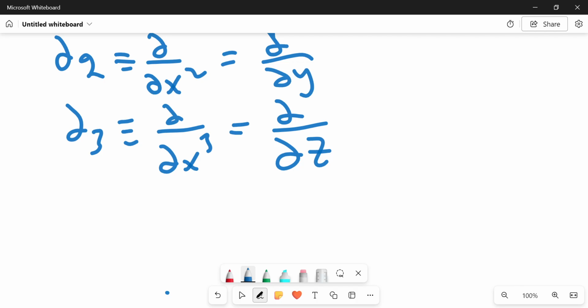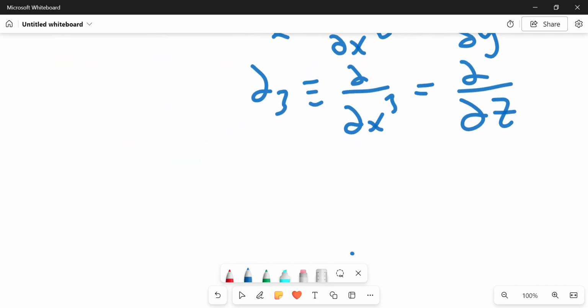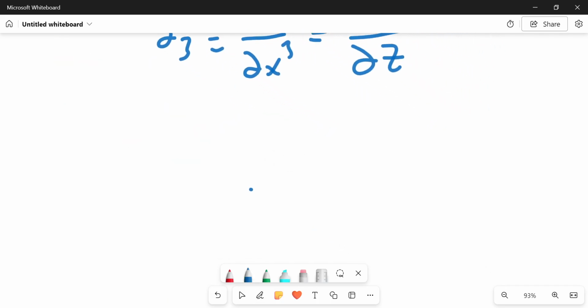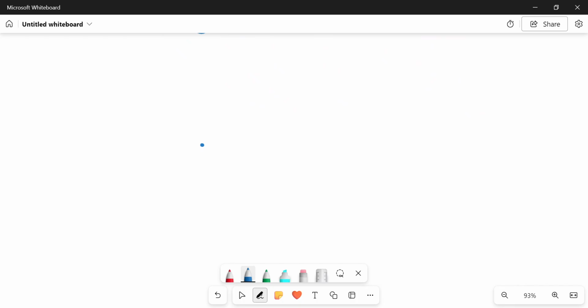Now let's go back to our definition of the covariant derivative when we have a coordinate system.